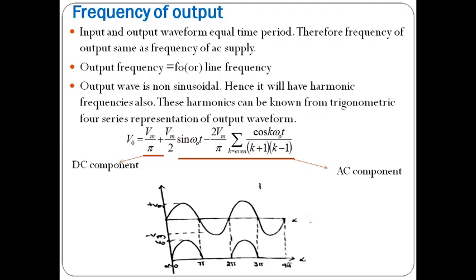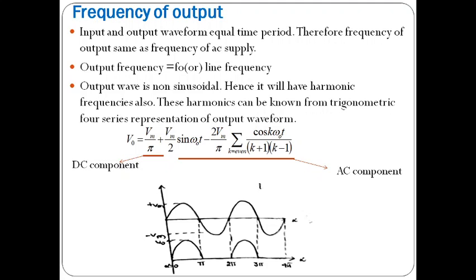It is represented as V0 equals Vm by pi plus Vm by 2 sin omega naught t minus 2 Vm by pi, sum over k even of cos k omega naught t divided by (k plus 1)(k minus 1). So k is even. When I consider k equals 2, it becomes cos 2 omega naught t by 3.